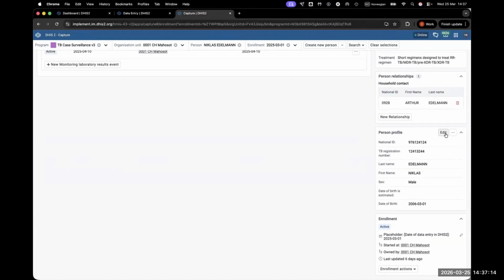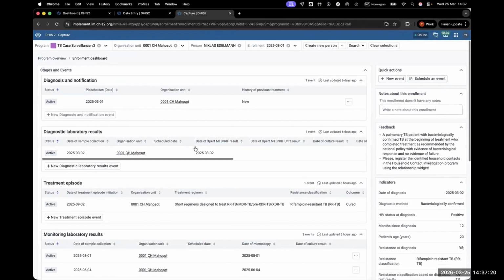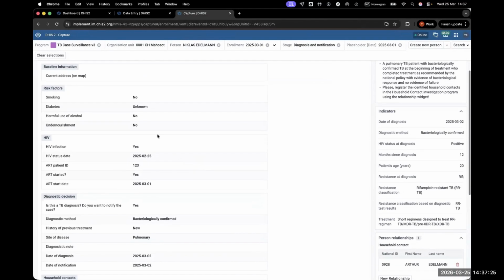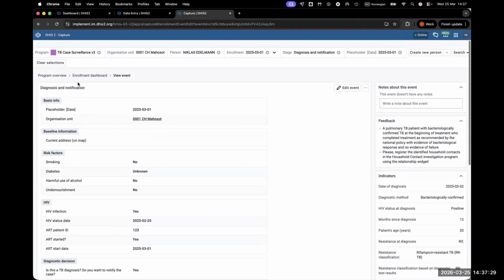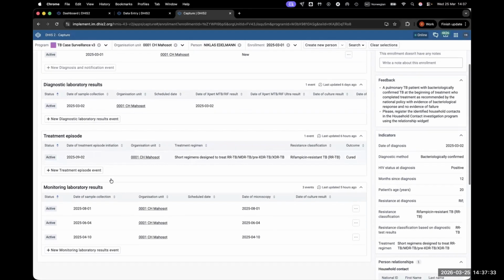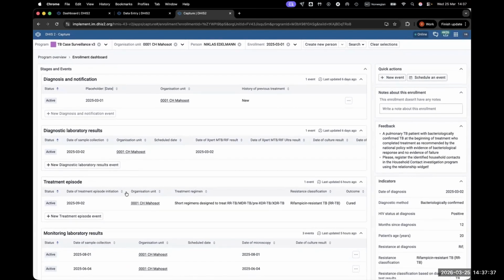So with the key data on the person, on the demographics, and so on, we also have the results on the diagnosis and notification of the data, risk factors, HIV data, and so on. But then also the diagnostic testing, the treatment episodes, monitoring results, and so on.